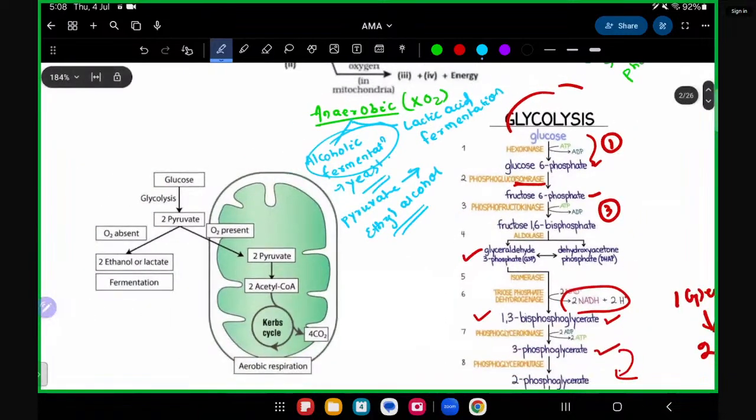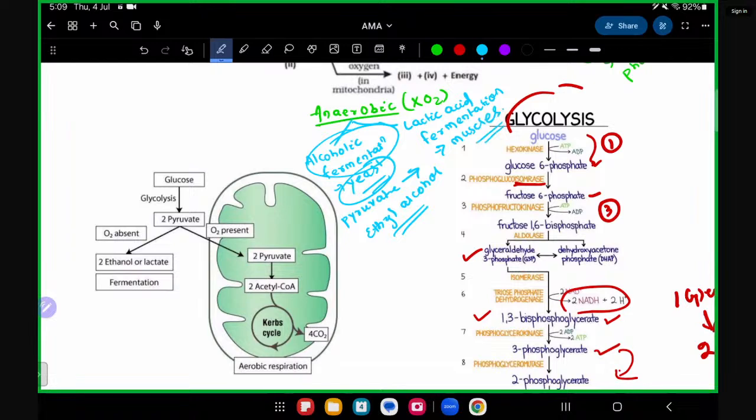This is the process of alcoholic fermentation. Then what is happening in lactic acid fermentation? It occurs due to lack of oxygen, in the muscle. Alcoholic fermentation occurs in yeast, whereas lactic acid fermentation occurs in muscles.